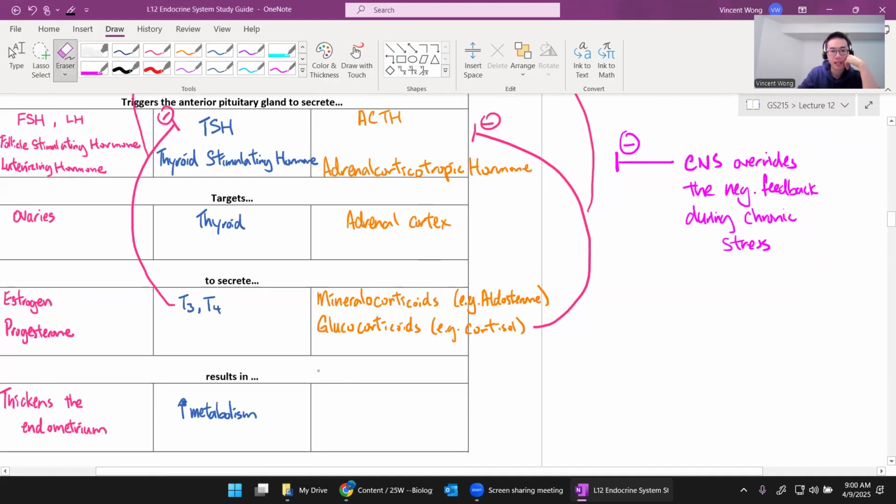But what do these things do? Well, basically, they increase glucose availability, and increase conservation of ions and minerals.